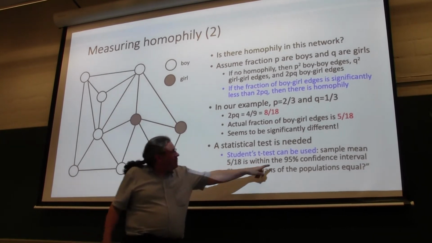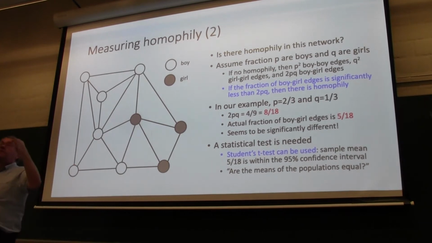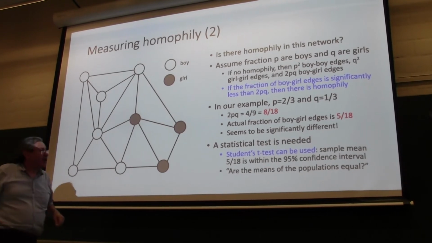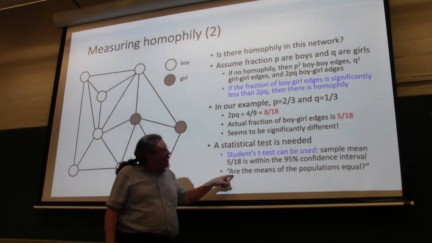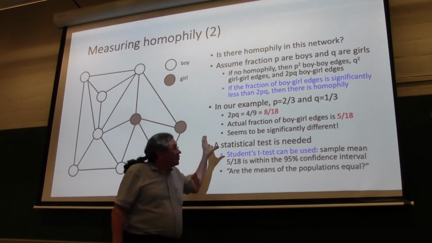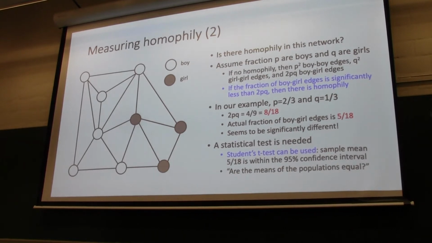If you remember, there's a 95% chance that it would be in there. That means if you really want to be sure it's different, it has to be outside. And the null hypothesis: are the means of the populations equal? So statistical tests are very important for homophily.